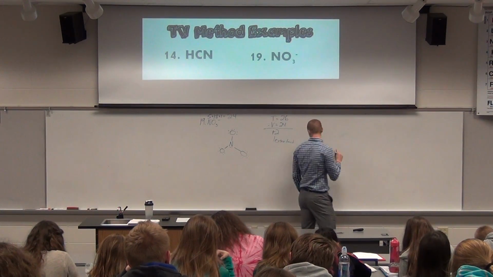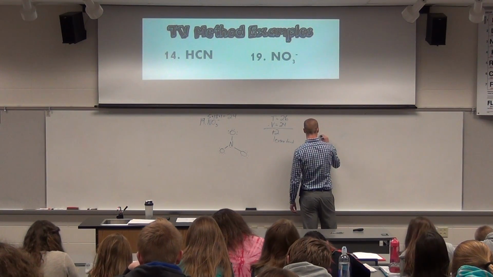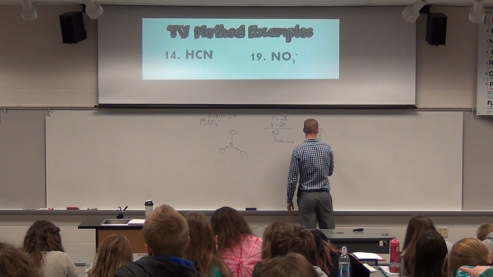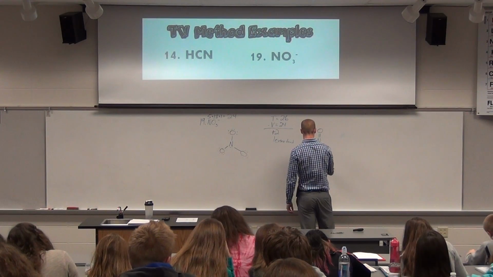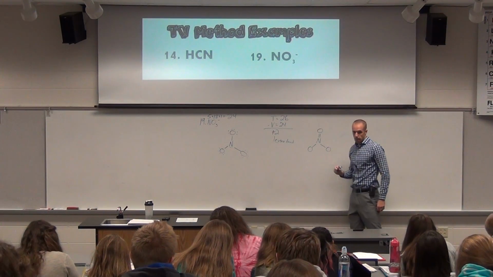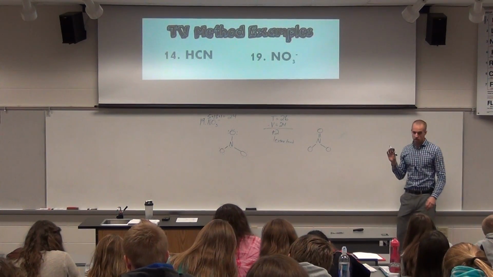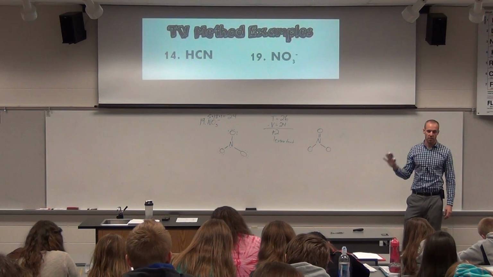Alright, so let's draw this out. N here. Alright, that's what it's going to look like. What do we got to do here now? We got to fill the octets.